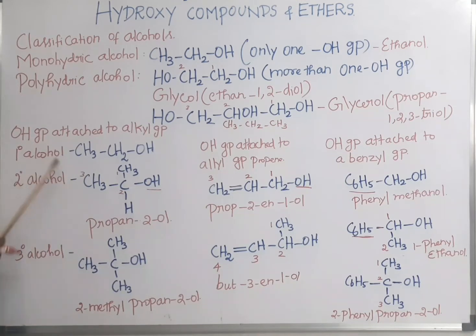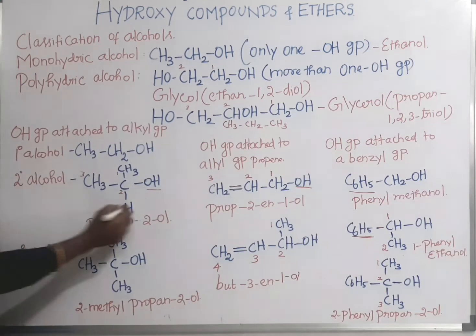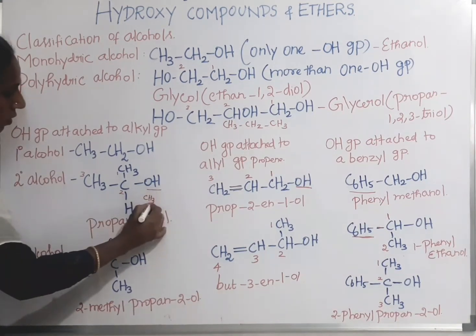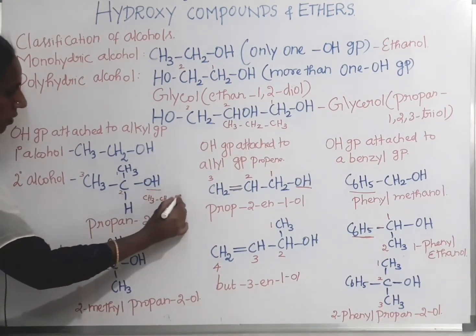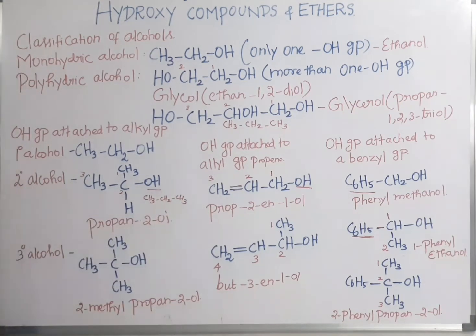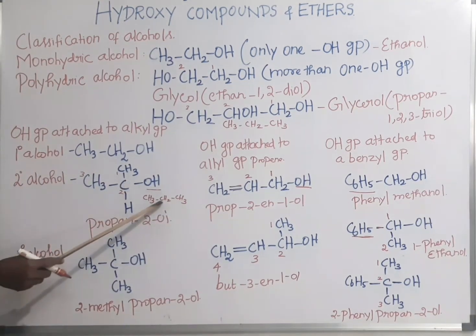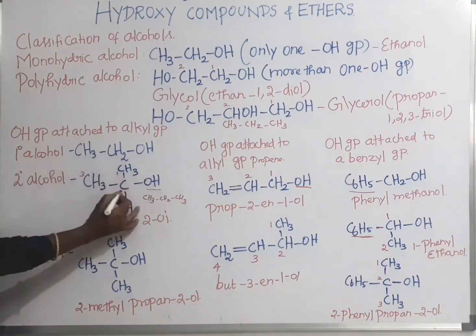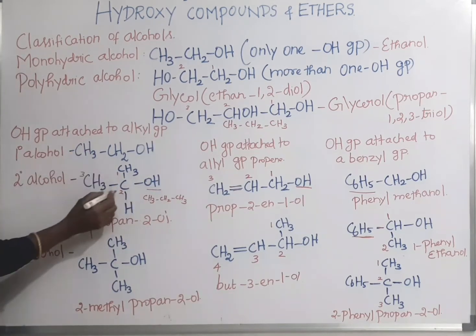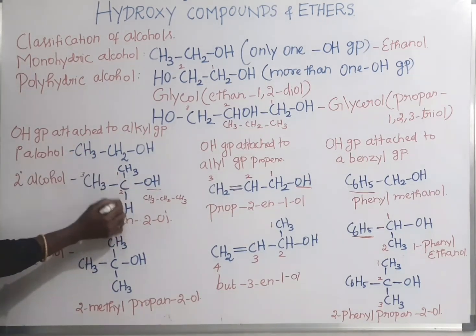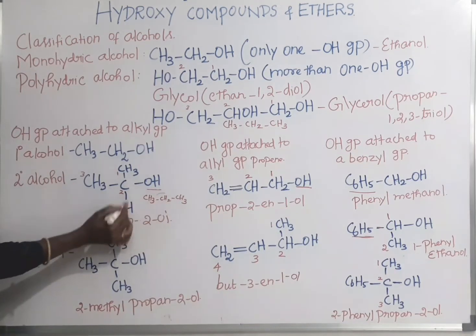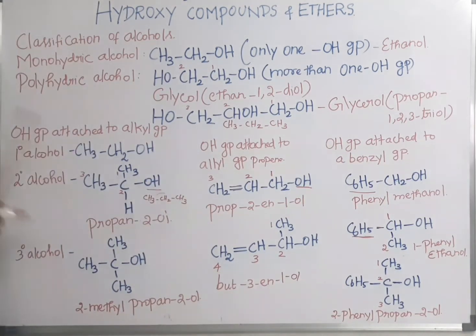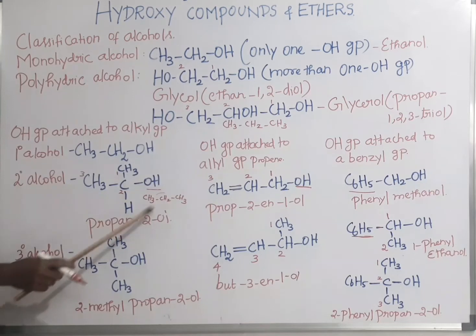The example for secondary alcohol is propan-2-ol. The formula for propane is CH3CH2CH3. Here, in the second carbon atom, one hydrogen is replaced by one hydroxy group. This is the first carbon, this is the second carbon, this is the third carbon. In the second carbon atom, the methylene group, that is the CH2 group, one hydrogen is replaced by one hydroxy group, that is 2-ol, propan-2-ol.